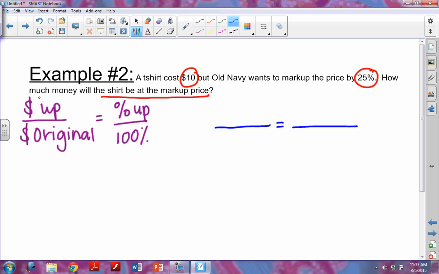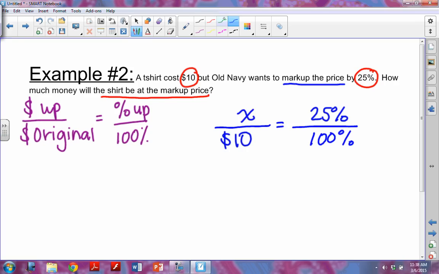I don't know what my money markup is, so I'm going to put an X there. I already told you the original price was 10. Percent markup. They tell me they're marking up the price by 25%, so I know the 25% goes here. And like always, it's out of 100%.